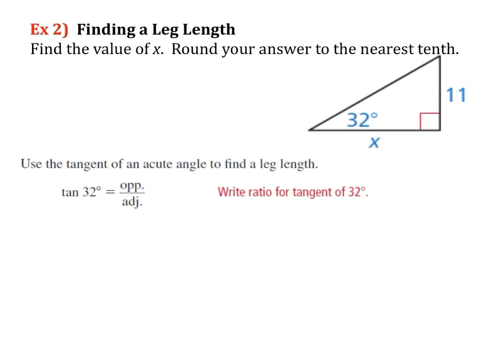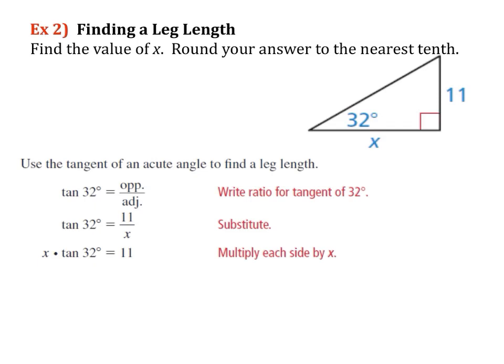So our first step is to write our equation. You start by writing tangent and then whatever the angle is that we're using, in this case 32, equals, and then we abbreviate opposite divided by adjacent. Next we want to substitute what we know and what we're trying to figure out, in this case x. So we substitute 11 for opposite and x for adjacent.